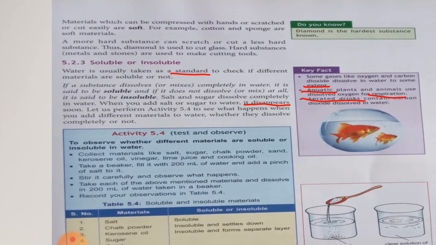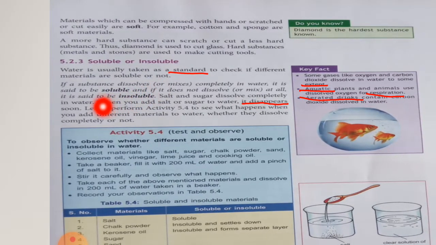Now, let us perform activity 5.4. When we add salt or sugar to water, salt or sugar disappears soon because they can dissolve completely in water and hence salt and sugar are soluble.